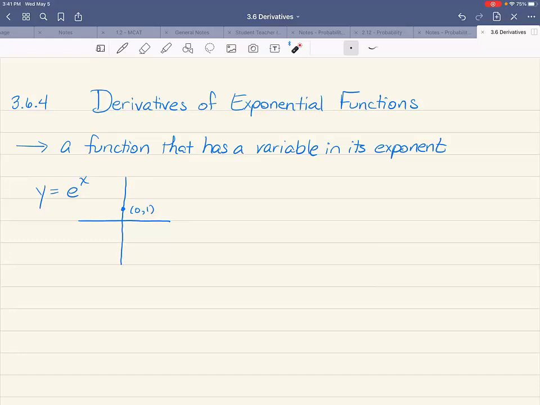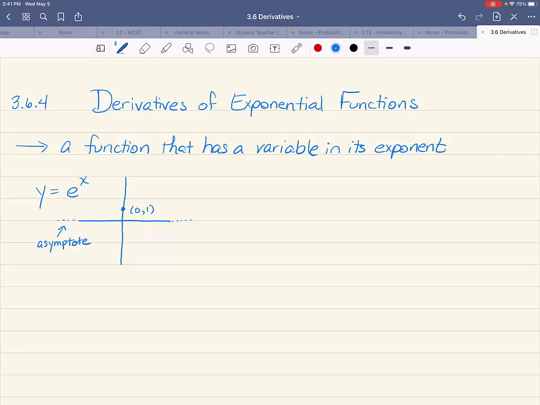Now, two characteristics of this graph: it has what is called an asymptote, and that's why I'm putting dotted lines at the end of the x-axis. This is called an asymptote, A-S-Y-M-P-T-O-T-E. An asymptote is a line that a graph gets really close to but never crosses.